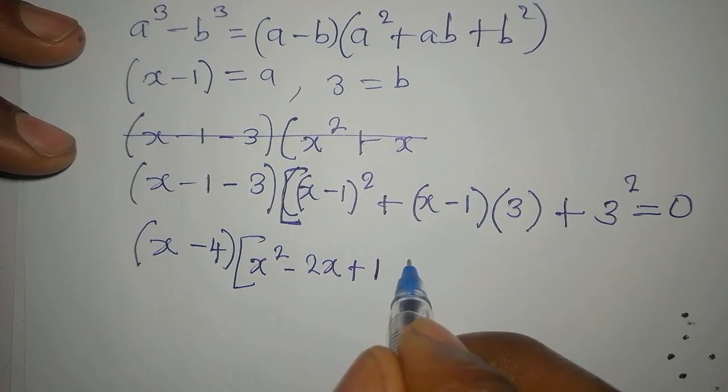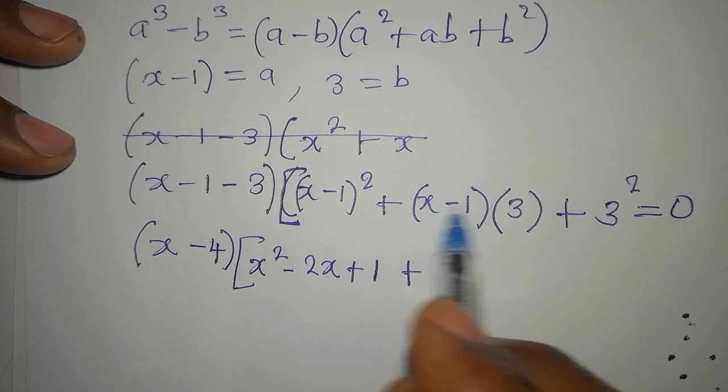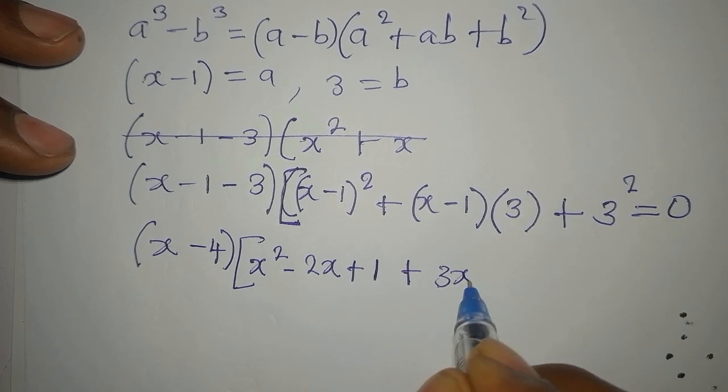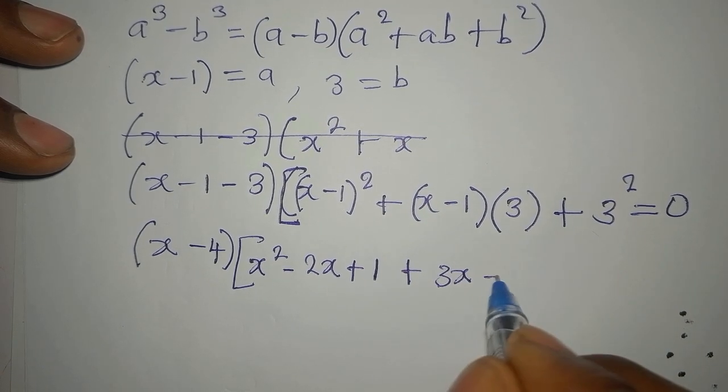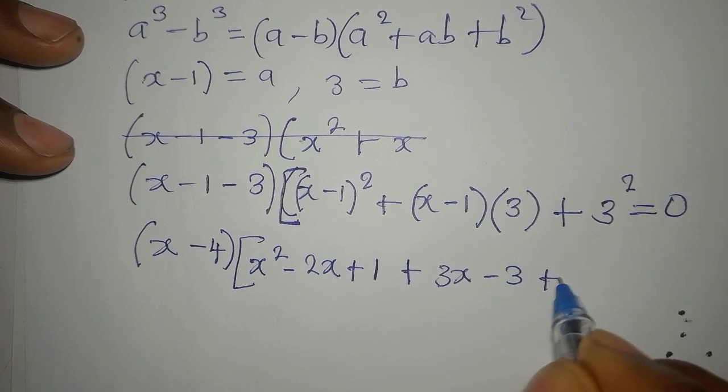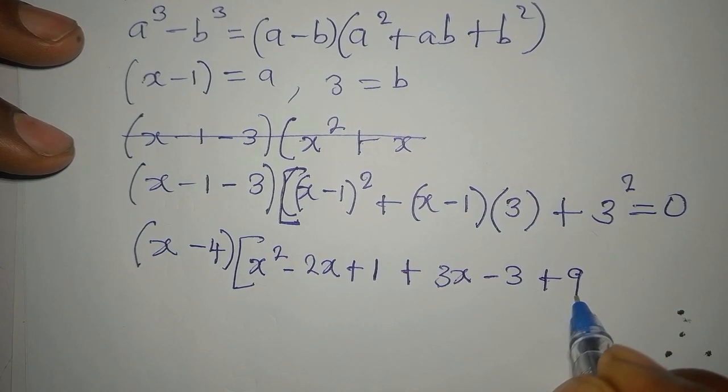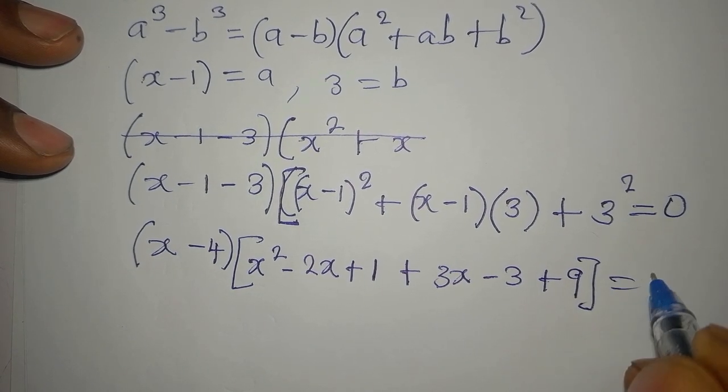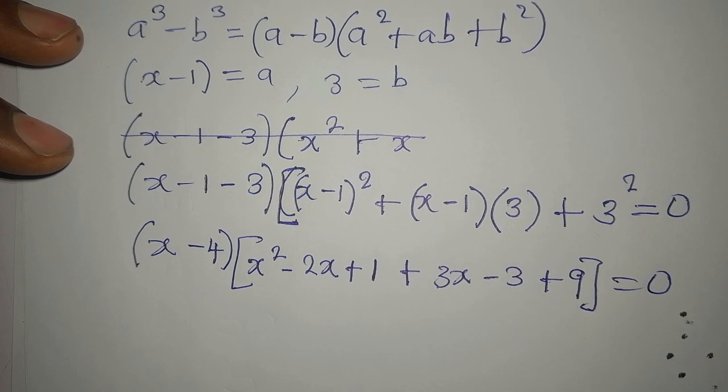Then plus x times 3 is 3x, then minus 1 times 3 is minus 3. Then I have plus 9. And then equate everything to 0.